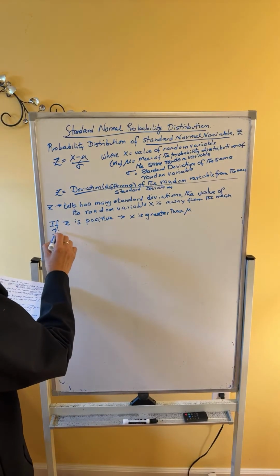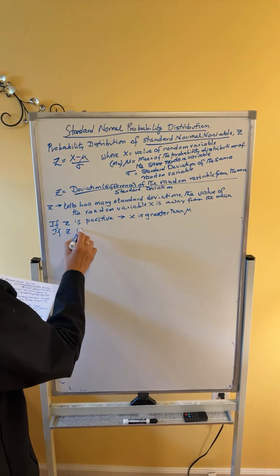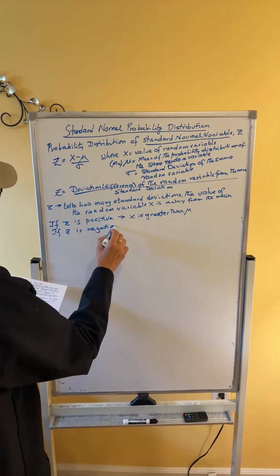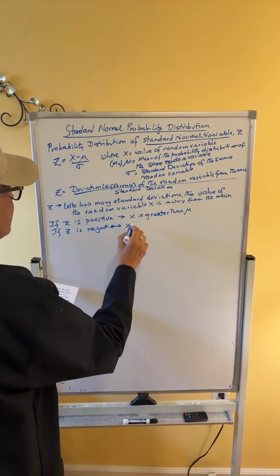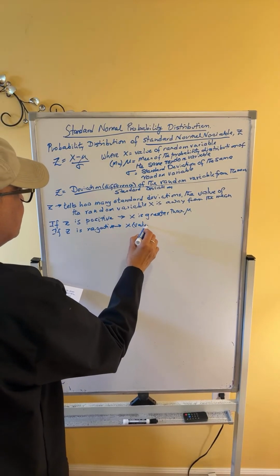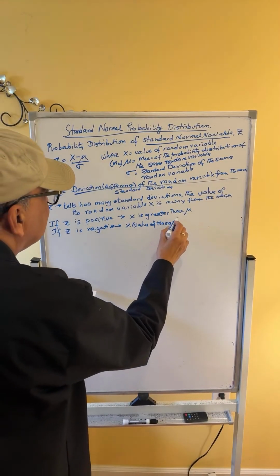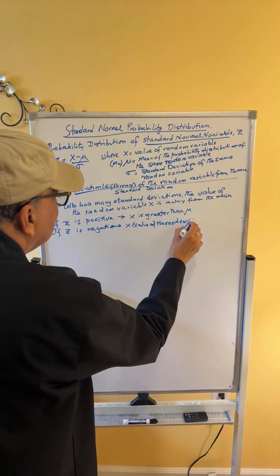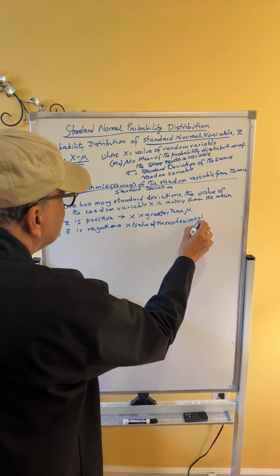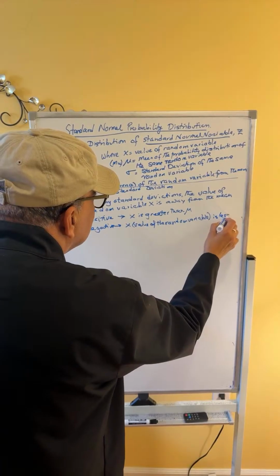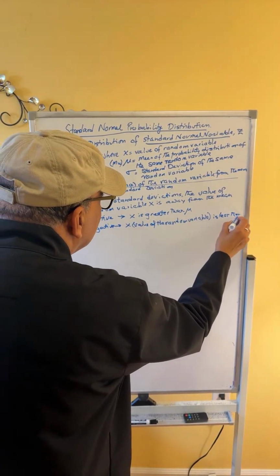And if z is negative, the value of the random variable is less than the mean, less than mu.